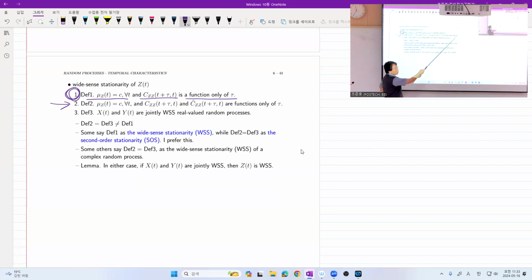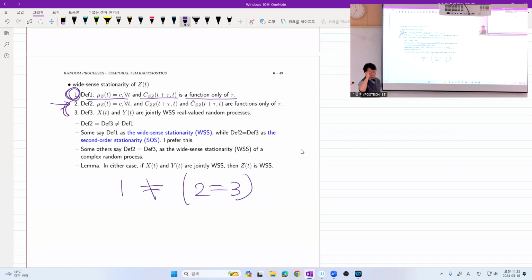And this is exactly the joint stationarity of two real random processes. So I myself prefer the second definition. That is the same as the third definition. So be careful. Even though I said definition 1, 2, 3, definition 1 is different from definitions 2 and 3.